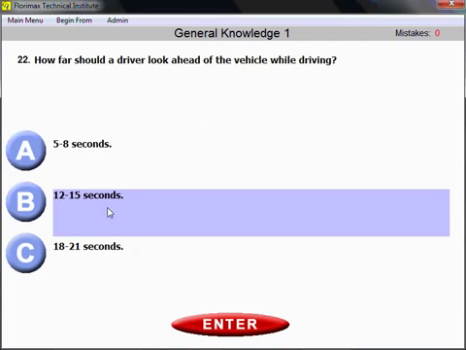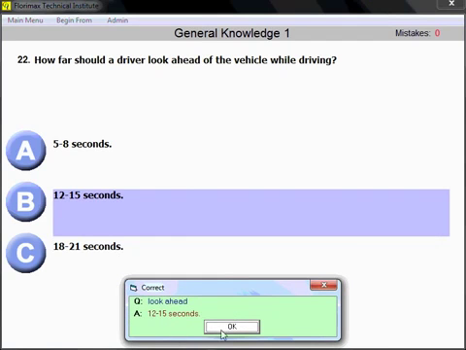It's 12 to 15 seconds. That means the distance which your vehicle travels within these 12 to 15 seconds. There would be another question about the same principle, but you just need to remember 12 to 15 seconds. That's the distance you should look ahead of your vehicle while driving.